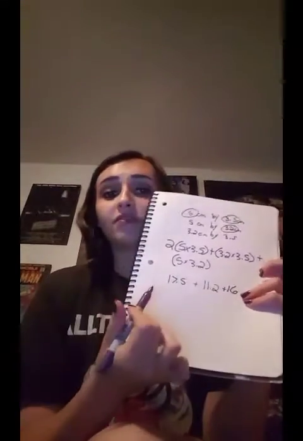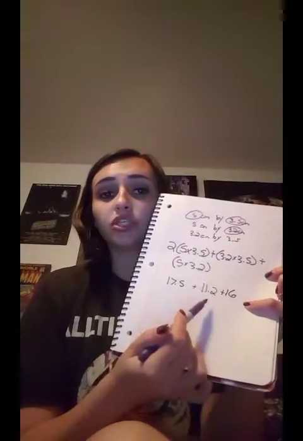And we have 5 times 3.2 is 16. So we're going to add our 17.5, our 11.2, and our 16 all together. Okay, and that's our 44.7.